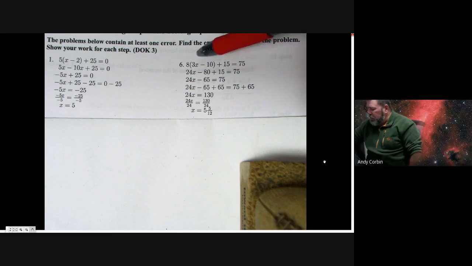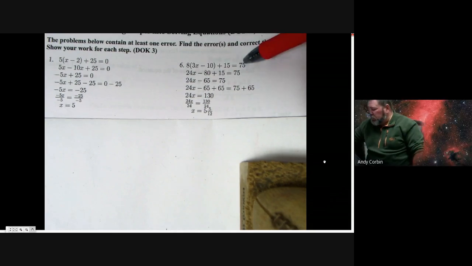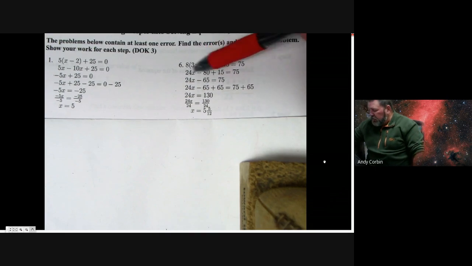Right. Anytime you have a distributive property in one of these problems, that's typically going to be the first thing because it's just locked up. I mean, it's all hinging on this 8 being multiplied. So we can't get to the variable at all until we do that. So were they good going from line 1 to line 2 with distributive property? What do you think, JC?